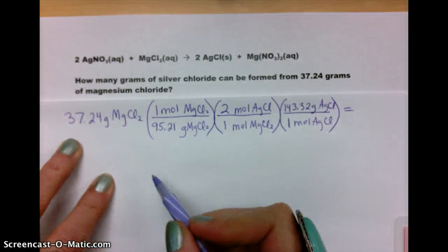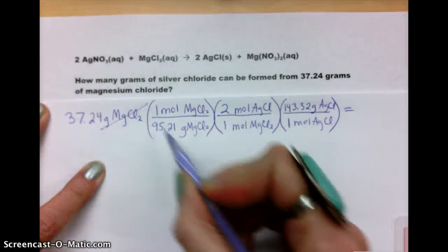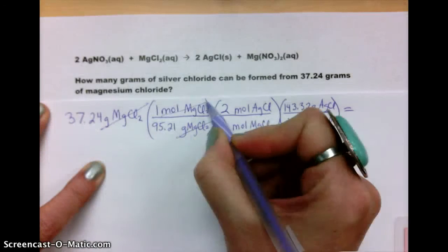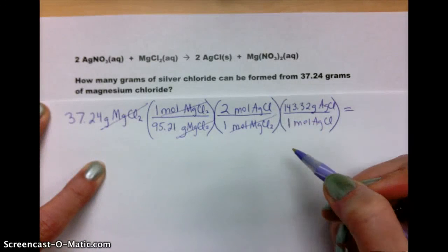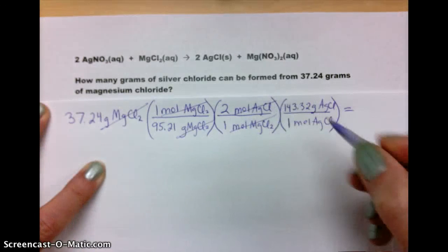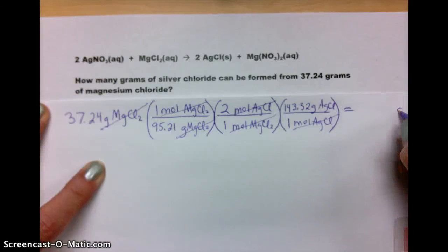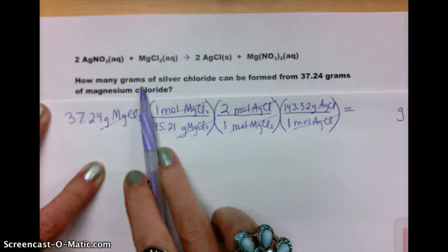Now let's pay attention to our units to double check. Grams of MgCl2 canceled out with grams of MgCl2. Moles of MgCl2 canceled out with moles of MgCl2. Moles of AgCl canceled out with moles of AgCl. And I am left with grams of AgCl, which does indeed answer the question, how many grams of silver chloride?